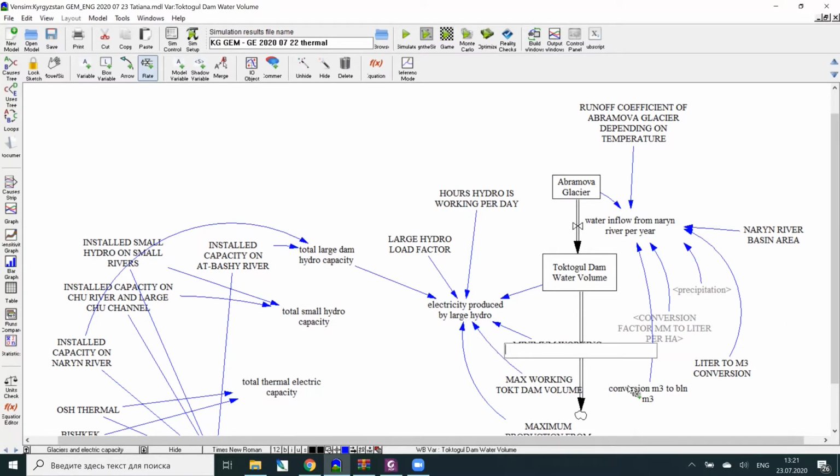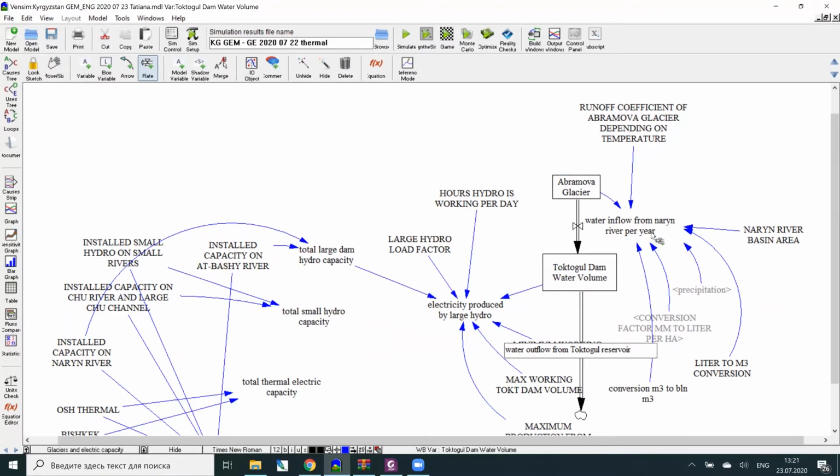Okay. And there are several other hydro plants below. So it goes from one to the other, to the other, and then it flows back to the river and to Uzbekistan. Okay, so I would say that in this case, one option is to say that the outflow is a delayed function of the inflow, meaning that everything that goes in will go out after a certain amount of time.